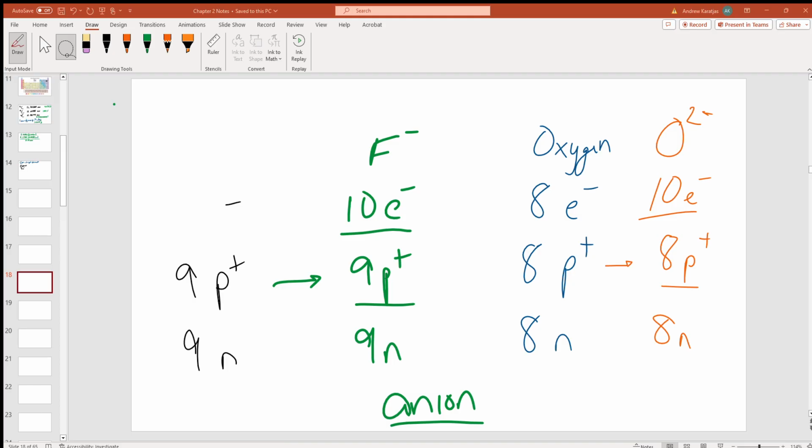But now we're going to take one of those electrons away, leaving us with just 10 electrons and still 12 neutrons. This means that our sodium, because it has more protons than electrons, is going to be positively charged.